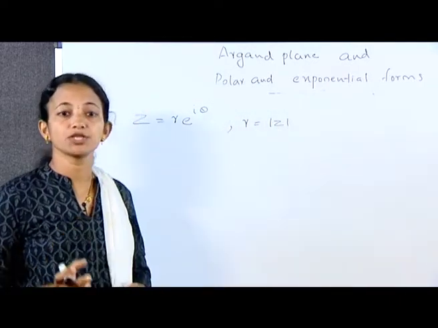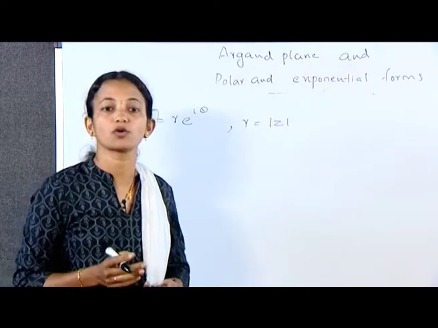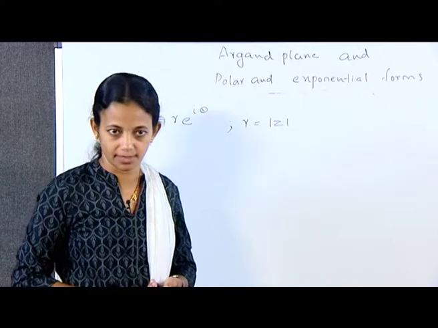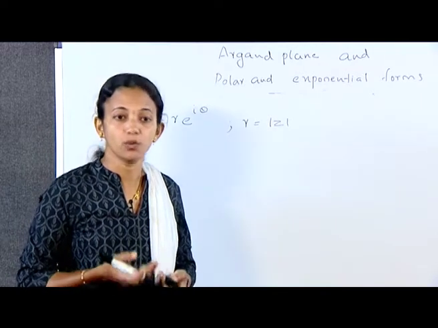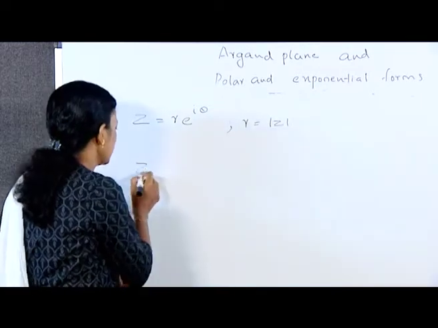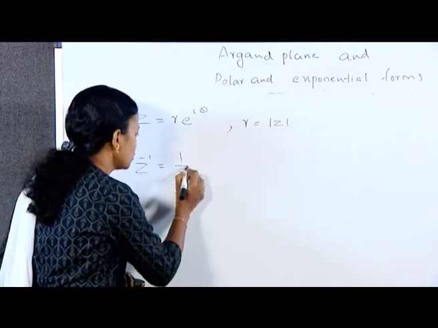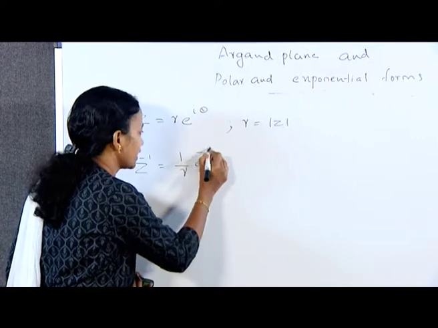If the exponential form of a non-zero complex number Z is Z is equal to R e raised to i theta, then Z inverse is equal to 1 by R e raised to minus i theta.